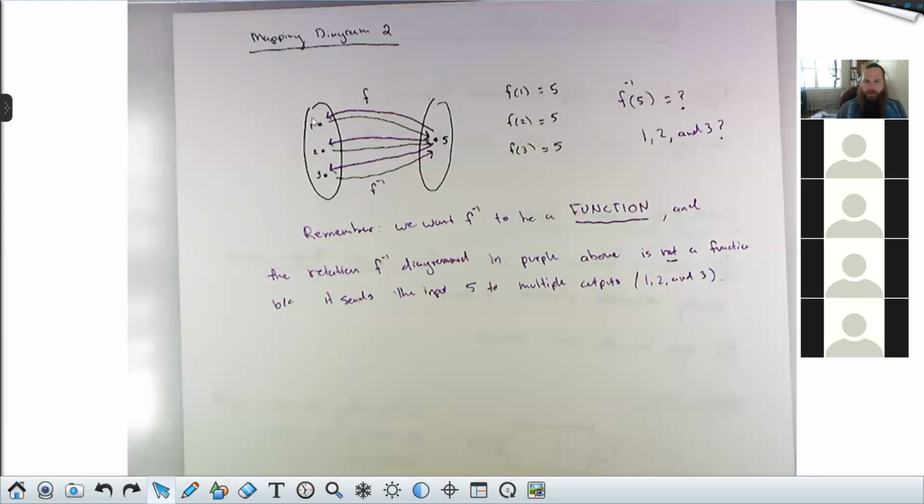The language you may have heard before, you may not. I don't mind introducing it. This function, the black function F, here in mapping diagram 2, is called a 3-to-1 function. It takes 3 different inputs and sends all of them to 1 output. So you've got 3 things being mapped by the black to 1 thing, 3-to-1.